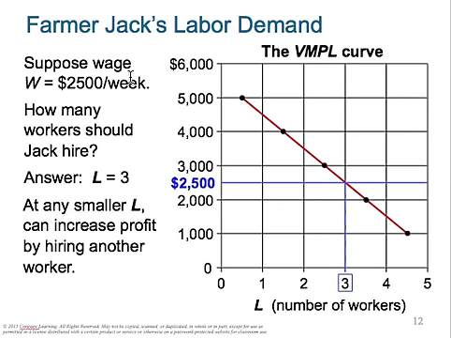So we have a wage of $2,500 a week. How many workers should Jack hire? We're going to say that the labor here should be 3. At any smaller labor pool, Jack can increase profit by hiring another worker. So you may wonder why we're measuring the wage in dollars per week rather than dollars per hour.